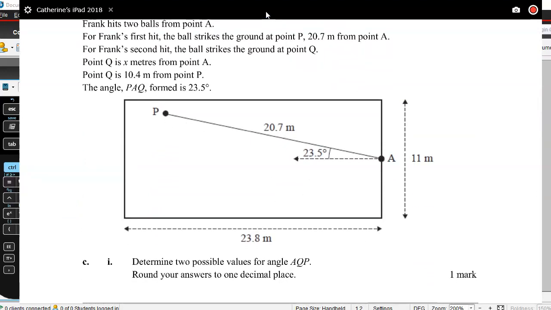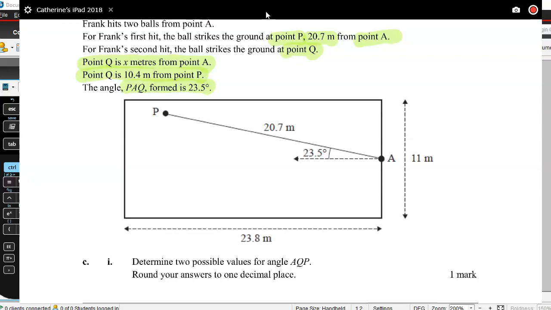So Frank hits 2 balls from point A. For Frank's first hit, the ball strikes the ground at point P, 20.7 meters from point A. For Frank's second hit, the ball strikes the ground at point Q. Point Q is x meters from point A. Point Q is 10.4 meters from point P. The angle PAQ is 23.5 degrees.